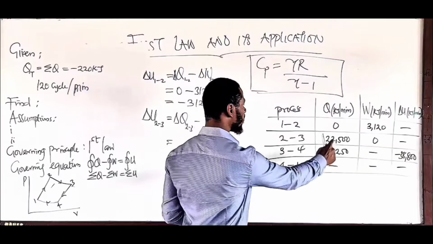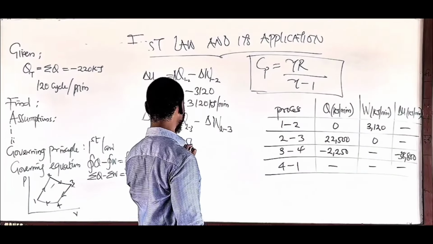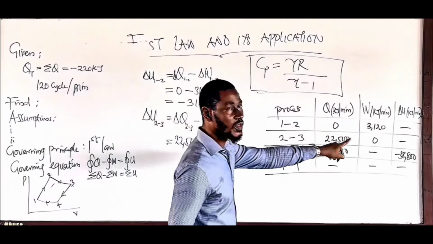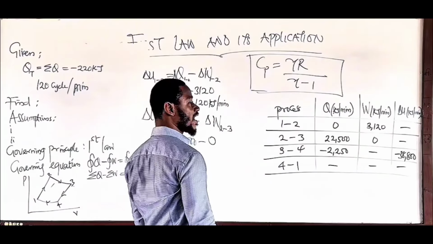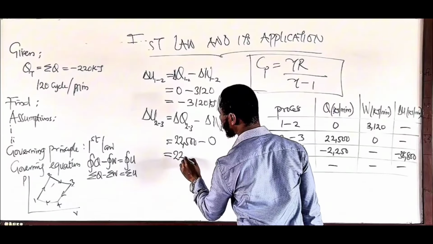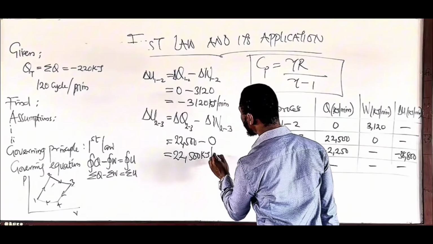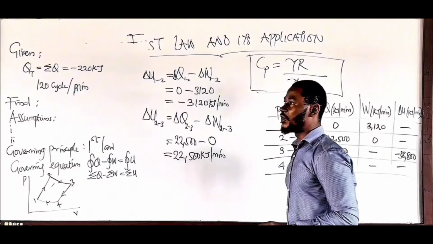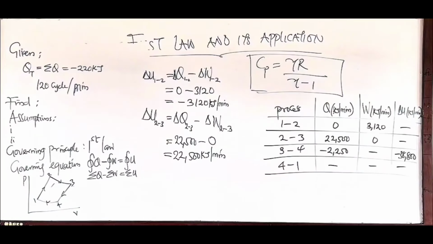Q in this case is given as 22,500 minus the work done at that level, which is 0. So the final answer becomes 22,500 kilojoule per minute.